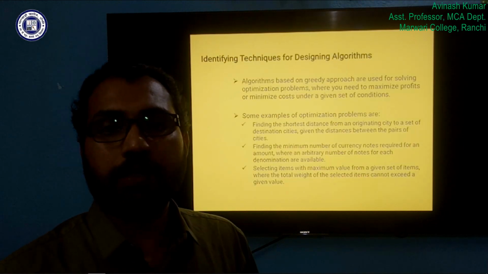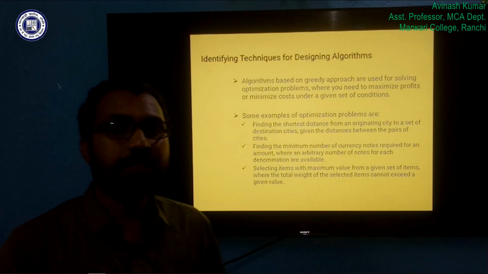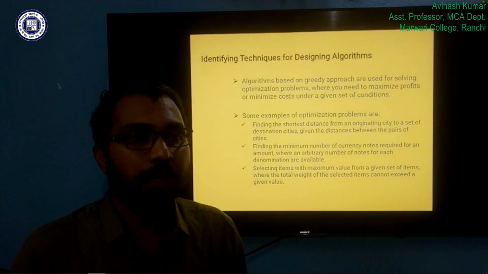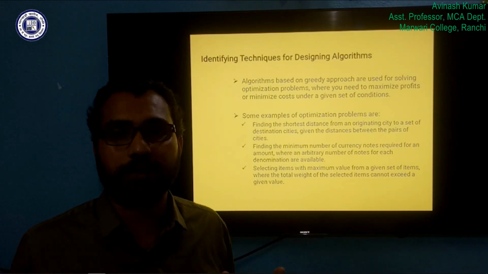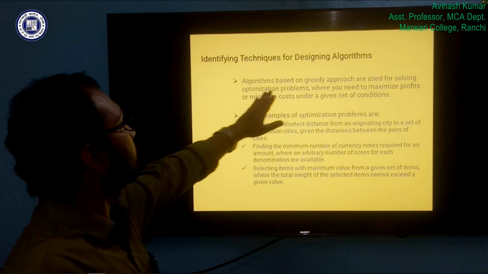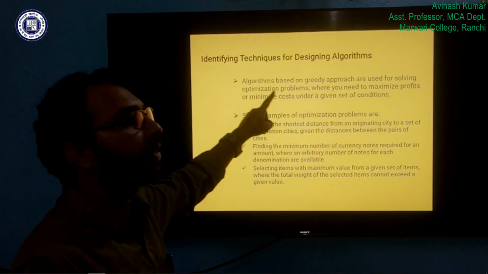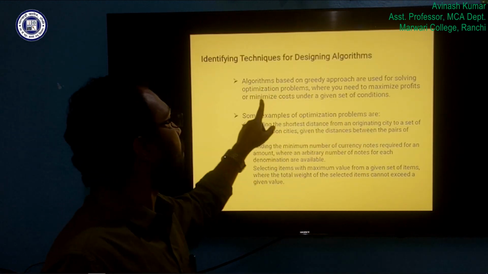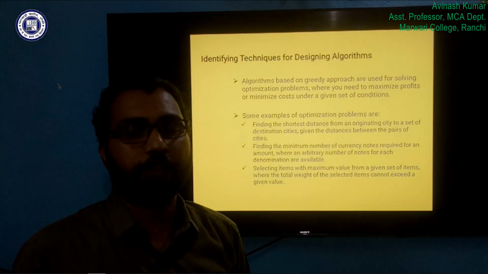Now next we have the greedy approach. Greedy means lalchi. This algorithm itself says it will always try to maximize the things. So here the algorithms based on greedy approach are used for solving optimization problems, where you need to maximize the profits or minimize the cost under a given set of conditions.